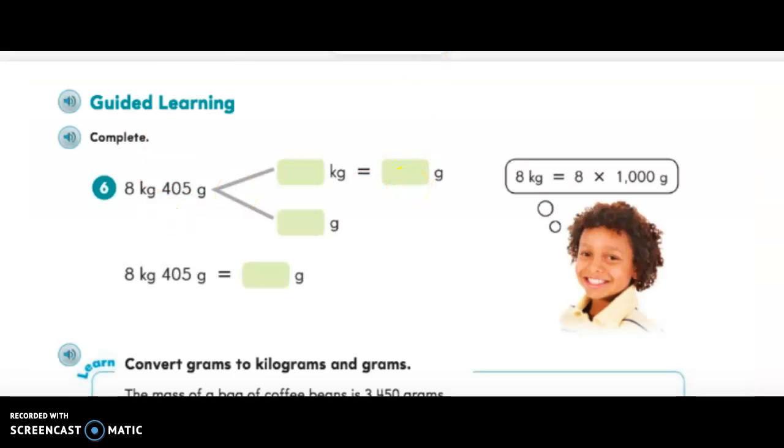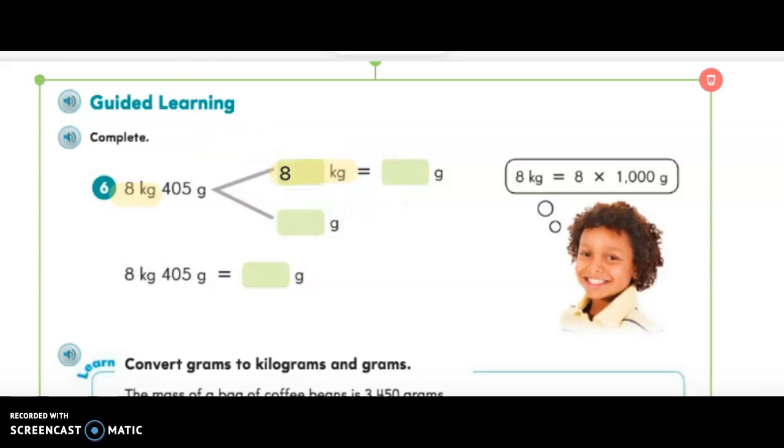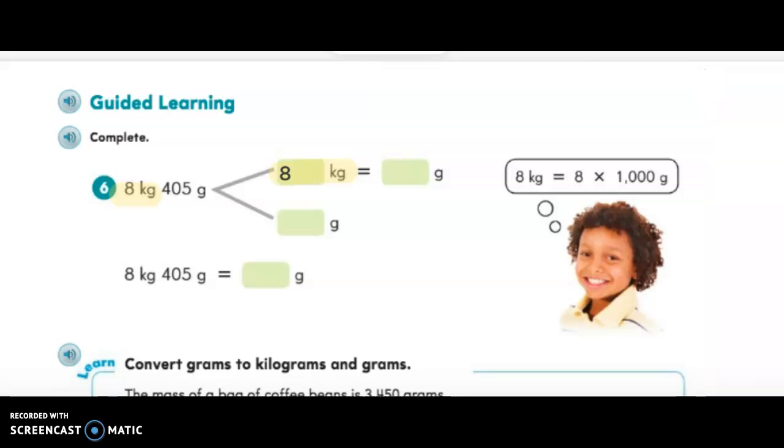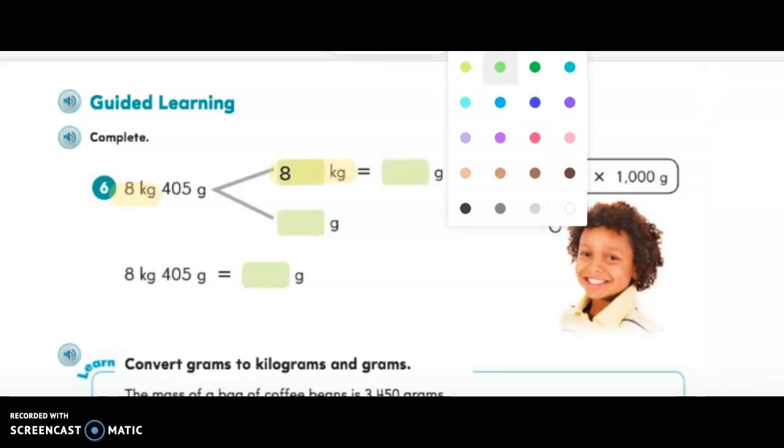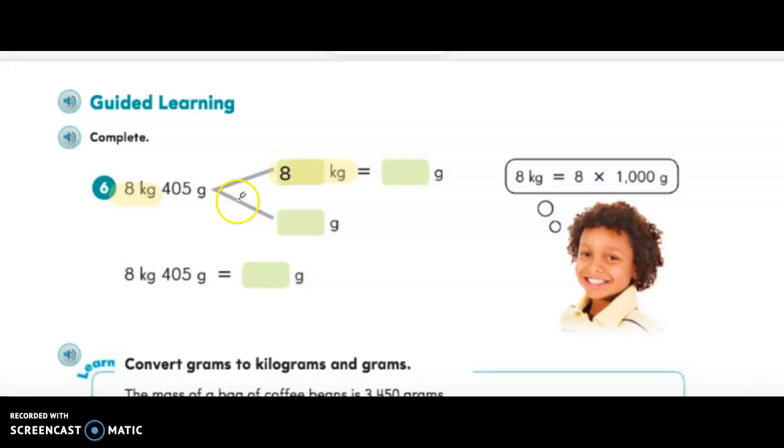Again, we want to separate our kilograms and grams. We have our 8 kilograms, and we're going to bring that over to here. And then we will have our grams, and that will be moved over here.